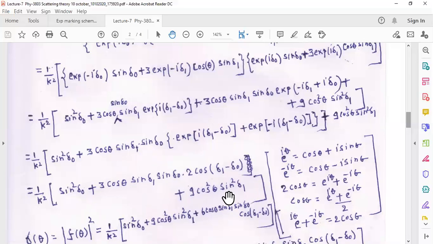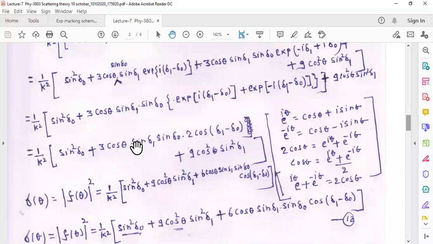And now I write the final step. Final step is very simple: sine square delta 0, and you have the term 9 cos square theta sine square delta 1, and this is 3 into 2, so it is 6 cos theta sine delta 1 sine delta 0 cosine of (delta 1 minus delta 0).